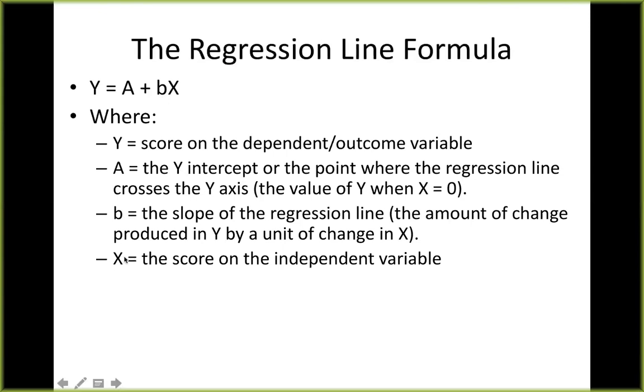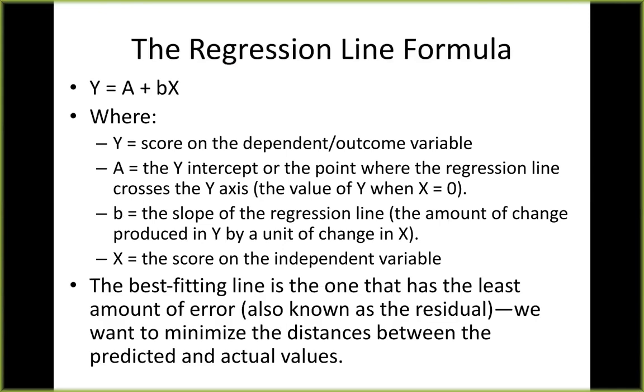B, or beta, as we'll start calling it, particularly next week when we go into regression, is the slope of the regression line. So it's the amount of change that's produced in y by a unit of change in x. I'll show you a picture of that in a second because I think that's really hard to understand. And then x is the score on that independent variable.